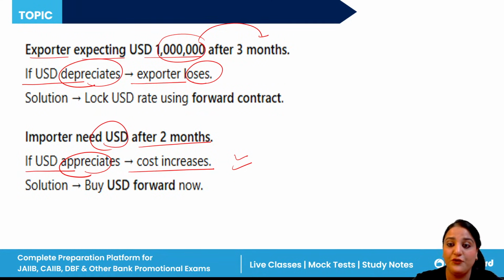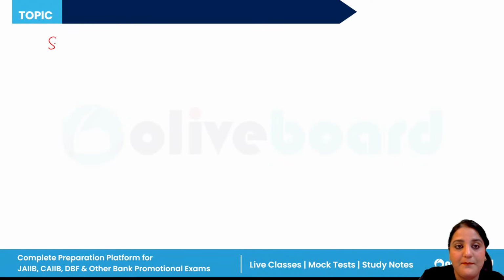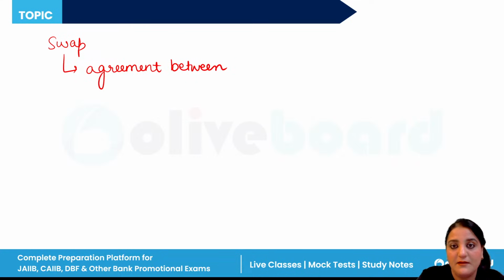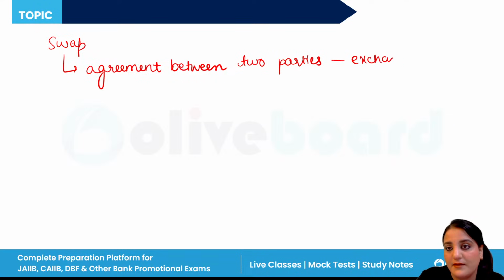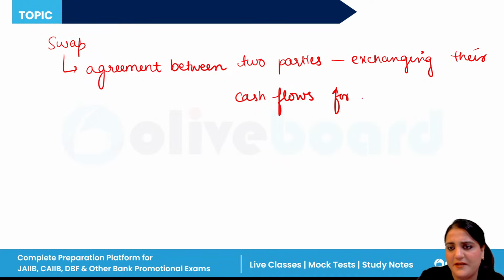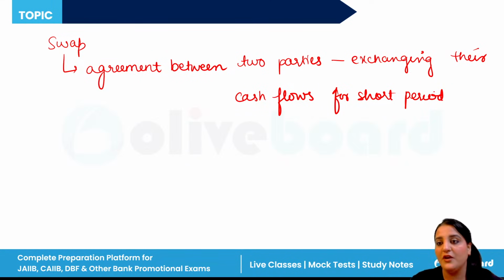So what is the meaning of swap? See, a swap is an agreement between two parties that they are exchanging their cash flows for a short period, or for a predetermined or set period.